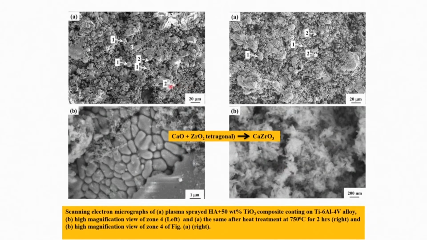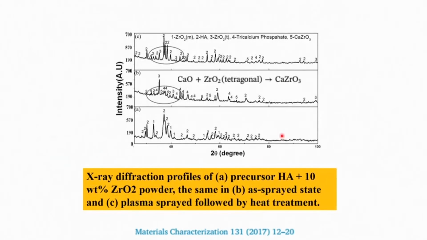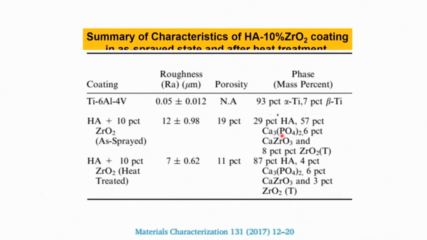This is the case for titanium plus hydroxyapatite plus zirconia coating, where you observe that in the coating there are a lot of porosities, and there is also calcium zirconate phase formation, which is nano in nature, because this phase is an in situ formed product. Because of its in situ formation, there is a lot of nanostructured material on the surface, which was again confirmed by transmission electron microscopic analysis.